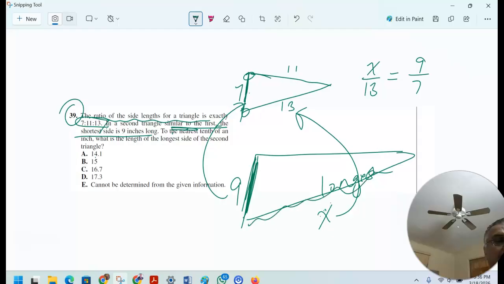So this side corresponds to this long one, and this 9 corresponds to this, and multiplying by 13 both sides, you get 9 times 13. If you multiply, you get 117, and divide by 7, you get 16.7. You get the answer, and you're done. Okay, so this is one way to do it.